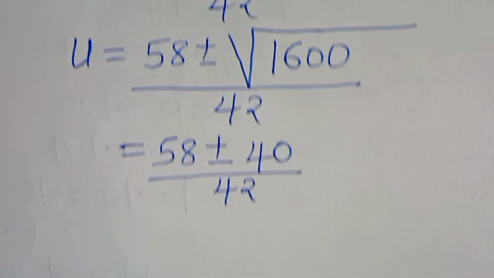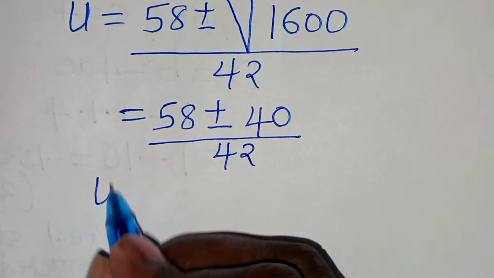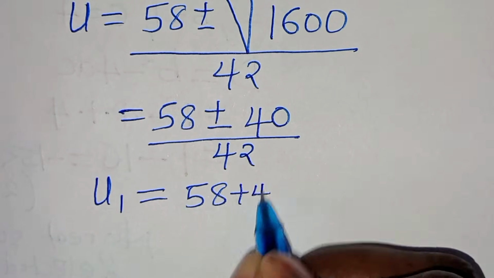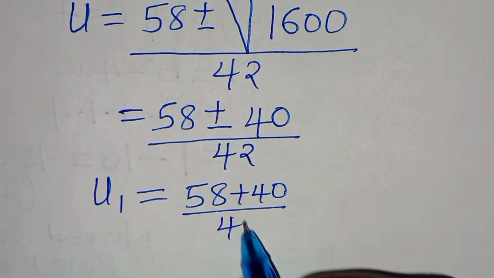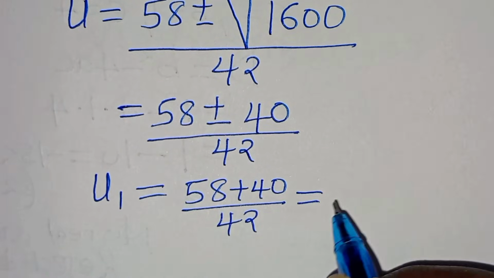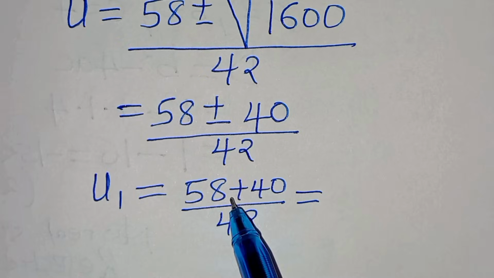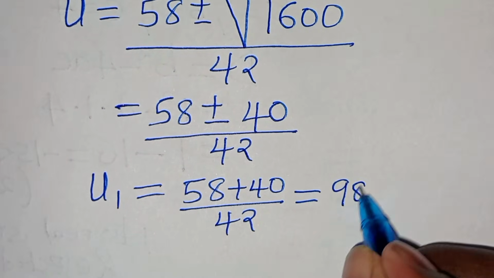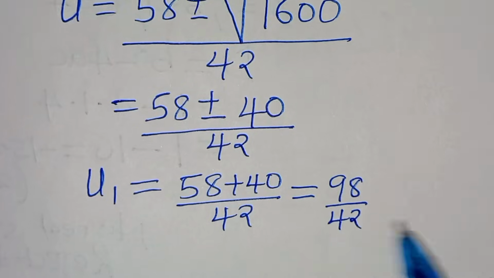So that now we have u1 is equal to 58 plus 40 divided by 42. And this means that 58 plus 40 is 98, divided by 42.